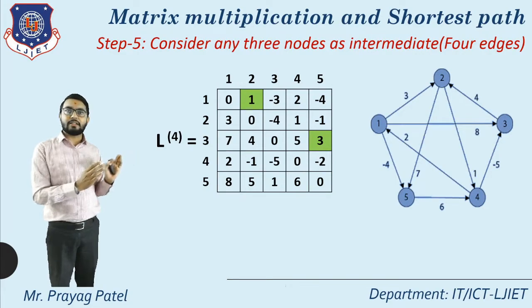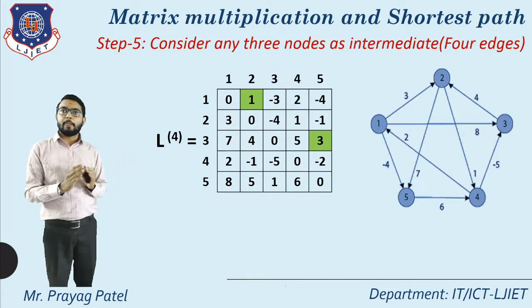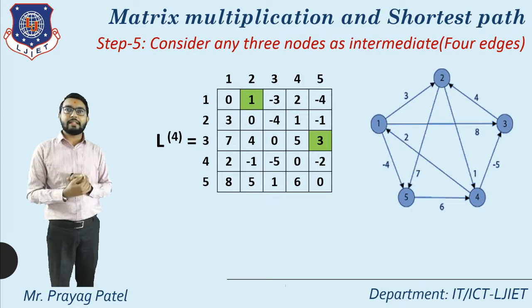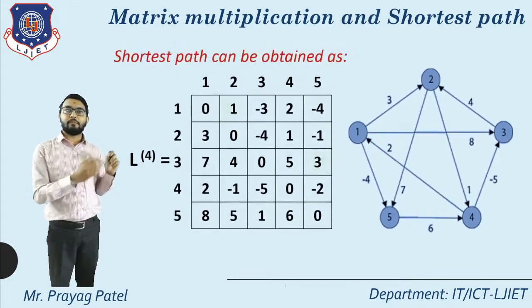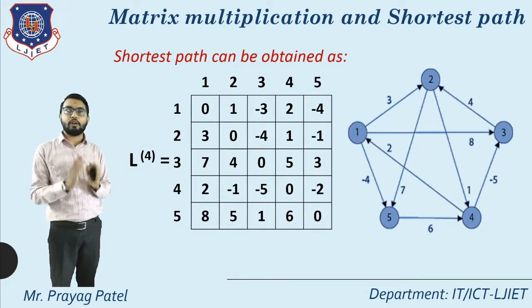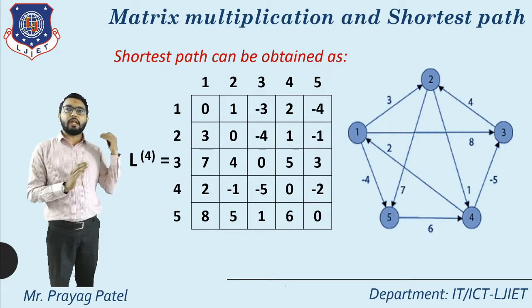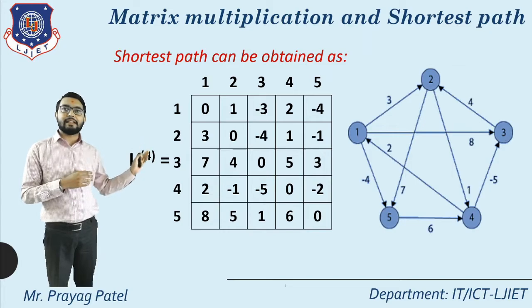So this table is our final table for 3 nodes as intermediate nodes. This is the final answer for the given graph: the all-pairs shortest path, meaning the distance from each node to all the remaining nodes, is given by this table.